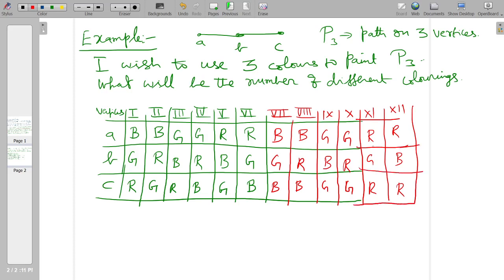I cannot color the path P3 using 2 colors, or using fewer than 2 colors.